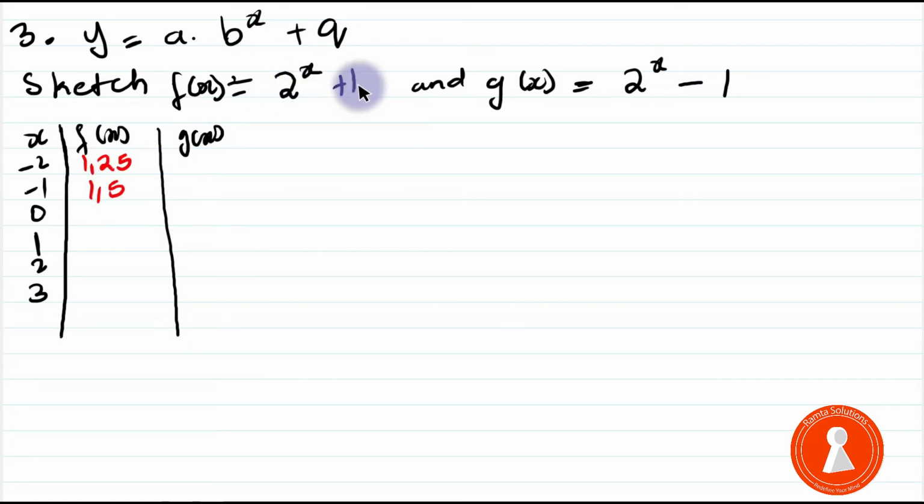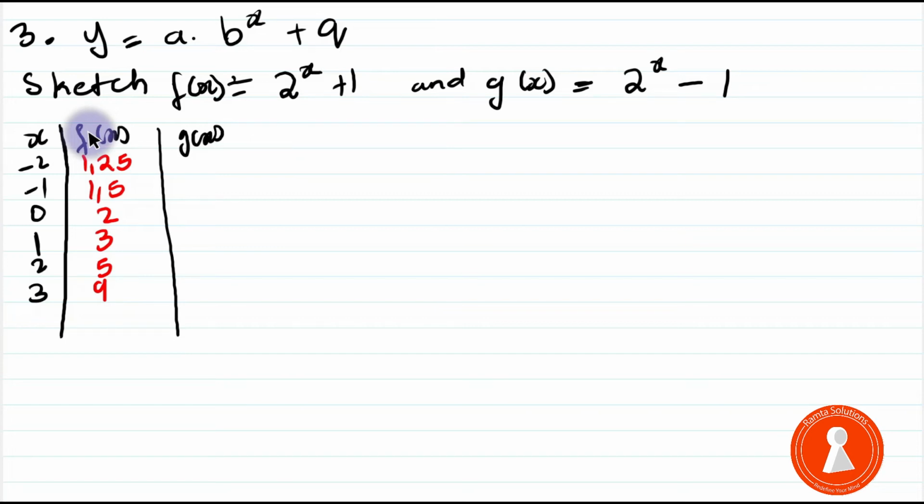Remember, half plus 1. 2 to the 0 is 1, 1 plus 1 is 2. 2 to the 1 is 2 plus 1, 3. 2 to the 2 is 4 plus 1, 5. 8 plus 1, 9.